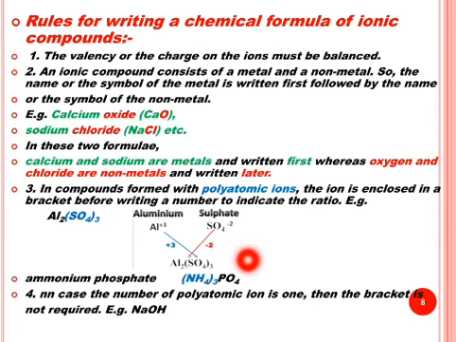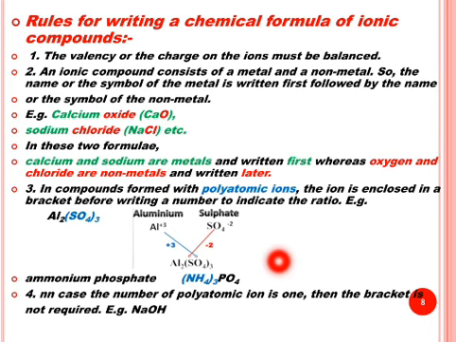Now students, you can practice writing these types of chemical formulae by taking one more example, ammonium phosphate. In this there are two ions, ammonium ions and phosphate ions. The symbol of the ammonium ion is NH4 1 plus, and the symbol of the phosphate ion is PO4 3 negative. So we first write the cations and anions present in ammonium phosphate.